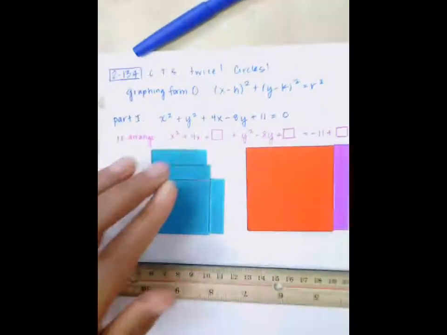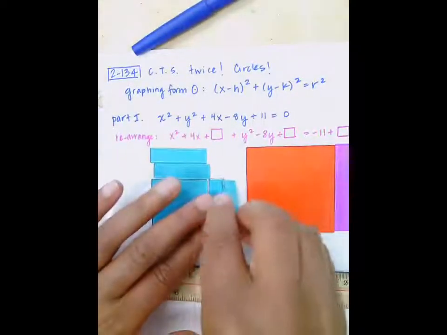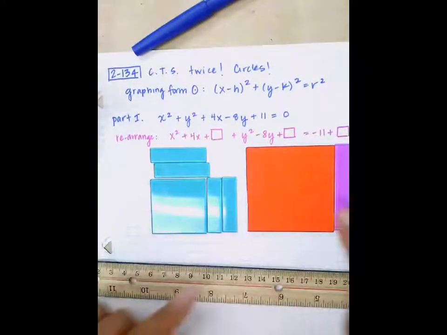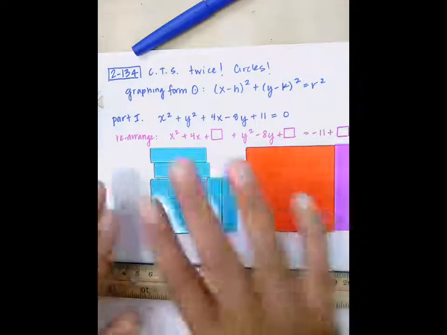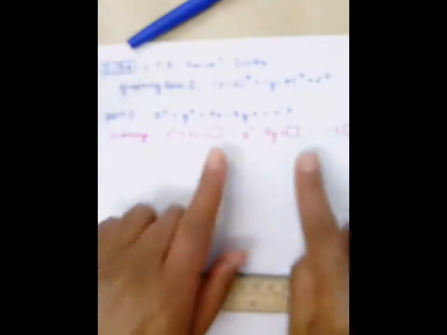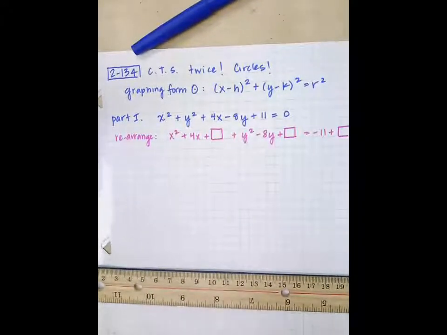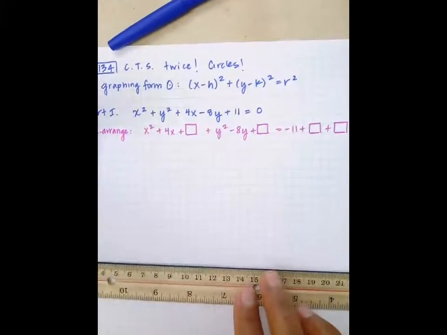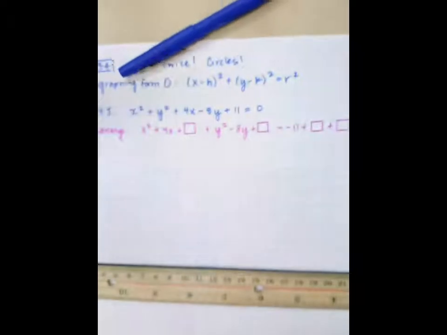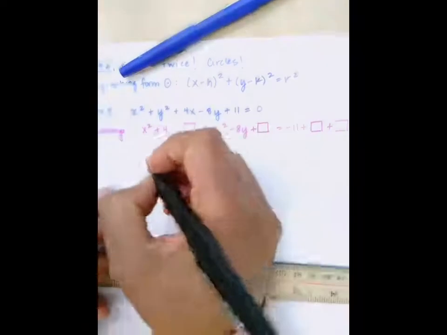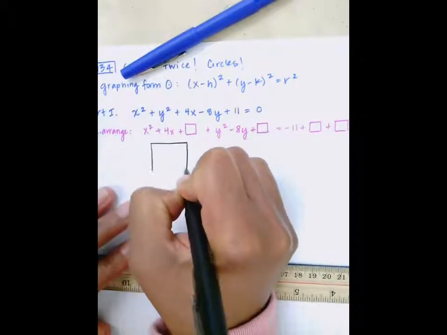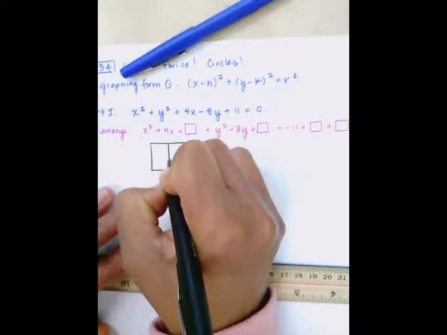I'm going to only put the x tiles together, and likewise with the y tiles, I would do a similar configuration with the negative 8y tiles. So I've got some placeholders for how much I'm going to add to both sides of the equation in order to complete the square. I'm going to think about how many I add to both sides, and I'm also going to complete the square by drawing a square.